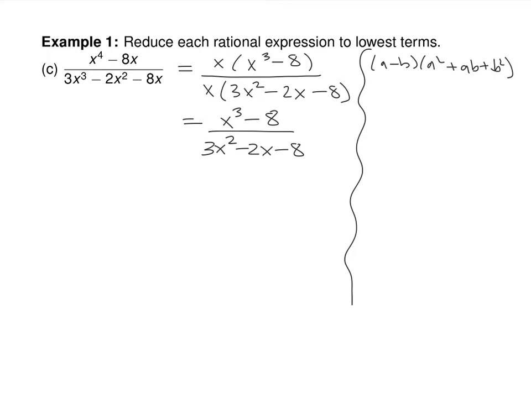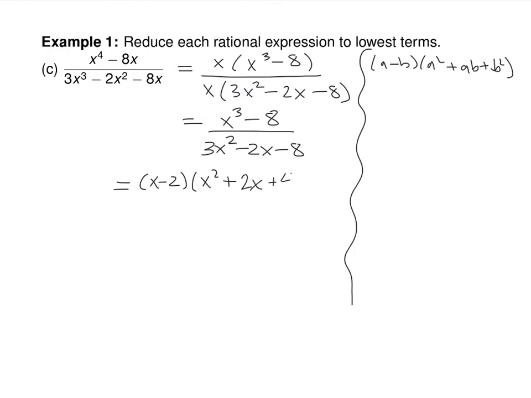So in the example of the numerator, what is your a? x. And what is your b? 2. So that will be x minus 2, x squared plus, what comes next? 2x. And then what's the last thing? Plus 4.